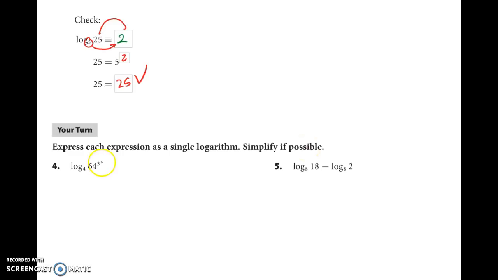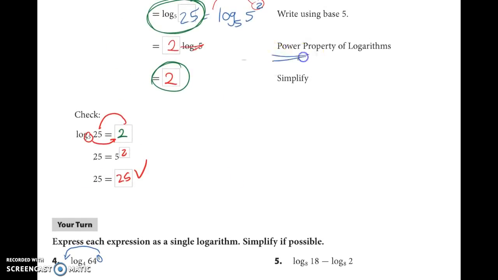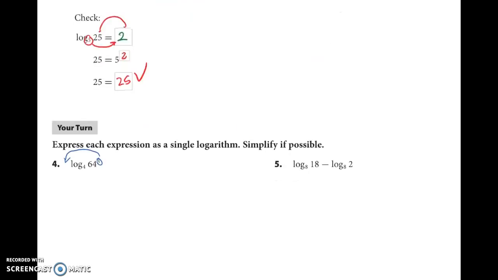First thing I see is, what can I do with this exponent here? I can use my power property. That's why it's nice to have those handy dandy properties next to you. I can write that in the front as my coefficient and say 3 log base 4 of 64.